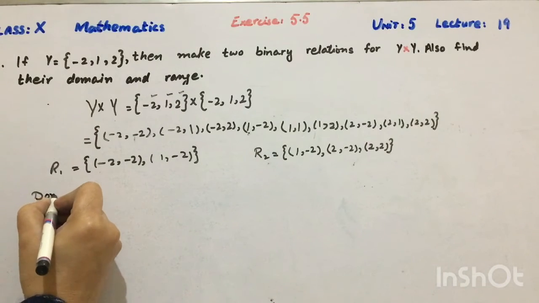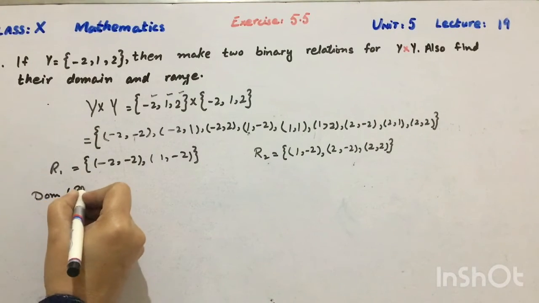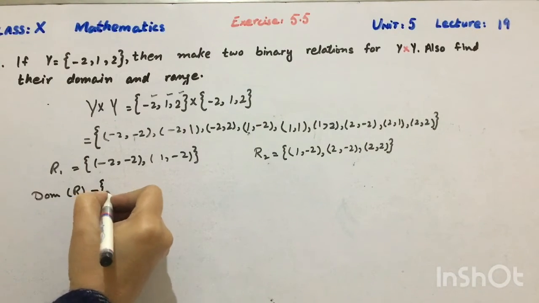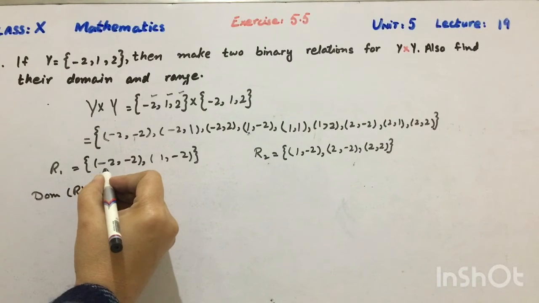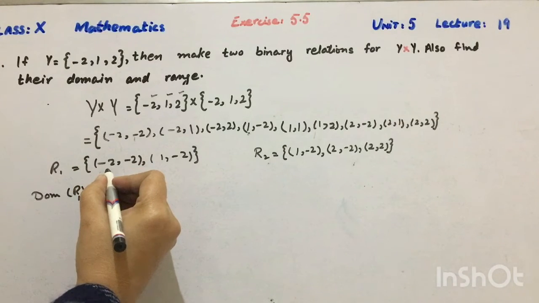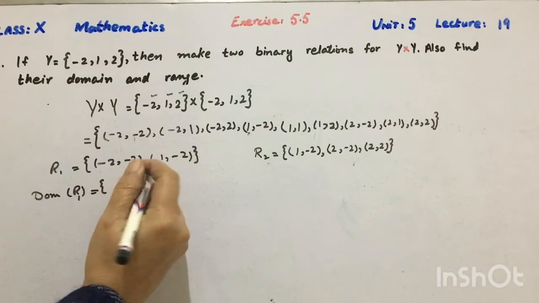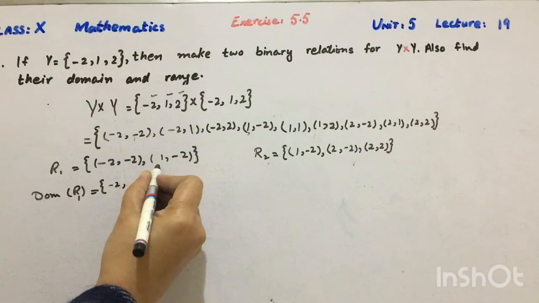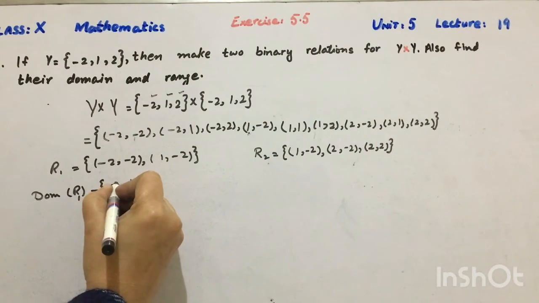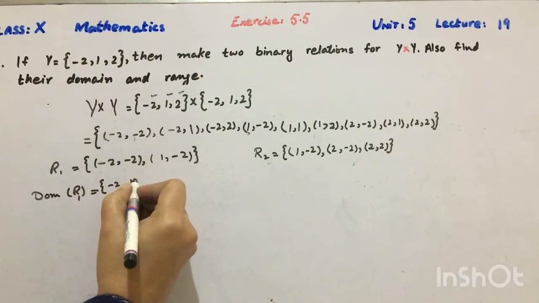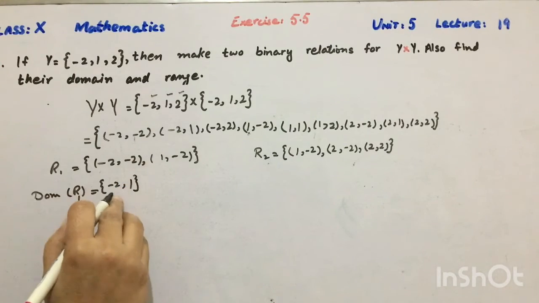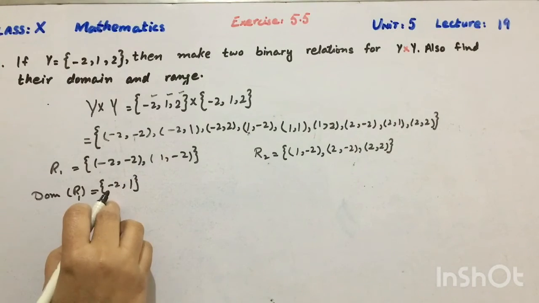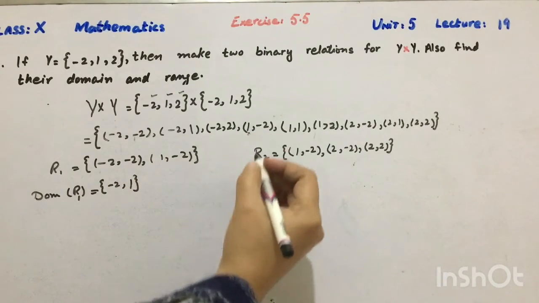Domain of a relation is denoted by domain of R1. It consists of the first element of each ordered pair in the relation. In this relation I have two ordered pairs in which -2 and 1 are the first elements. So the set consisting of the first elements of ordered pairs in a relation is called the domain of the relation.